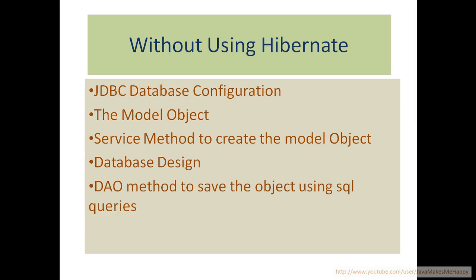Now when we have created the model object, we need to insert it into your database. For that we need a database schema or database design, and you need to implement that design beforehand or have a plan of that schema, so that you can insert your model object data into your database design.